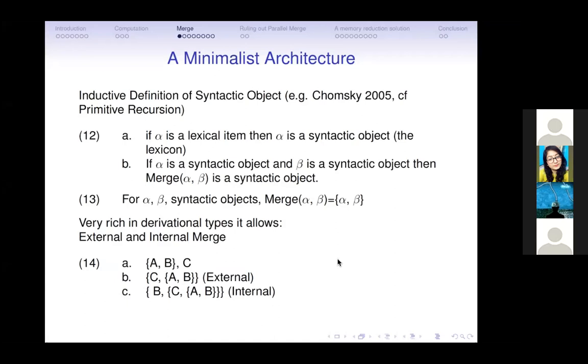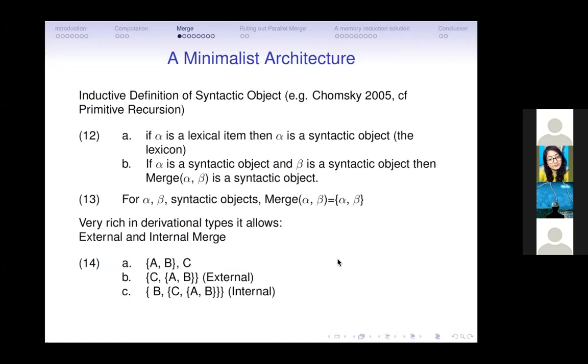So our definition says that 14b, which is an object containing C and AB, that's a syntactic object. And you can imagine you can keep adding in, and that will give you more and more stuff as long as you've got the lexical items to do it, okay? Further, you could have taken A and B and C and A and B and then merged those two together to give you a yet more complex object. So there is no end to the complexity here.